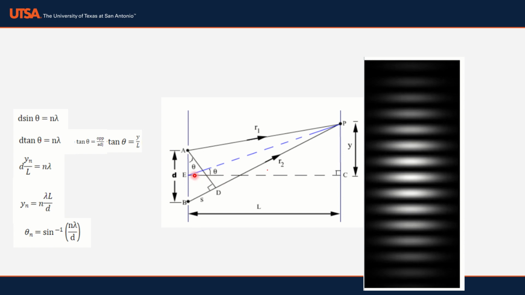It'll tell you what angle a bright spot is at. So let's say there's a bright spot here. It'll give you the angle of that. It's basically telling you the same thing, just using a different coordinate system, right? So this tells you the y position, and this tells you the theta it has to be to get to that y position. Those are your two equations that could express the location of these bright spots. So that's basically what we're doing.